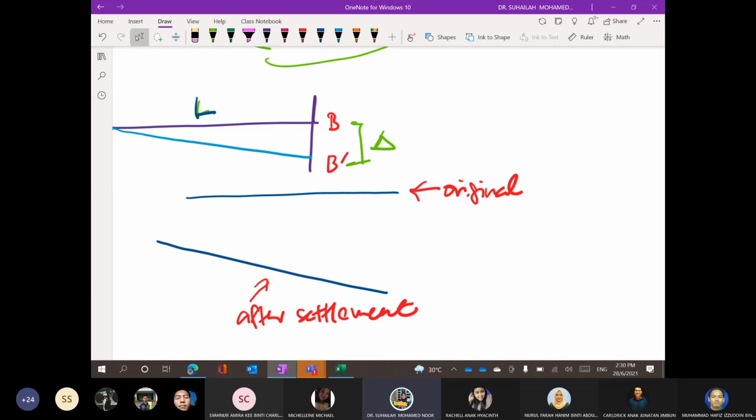After settlement, it will become like this.